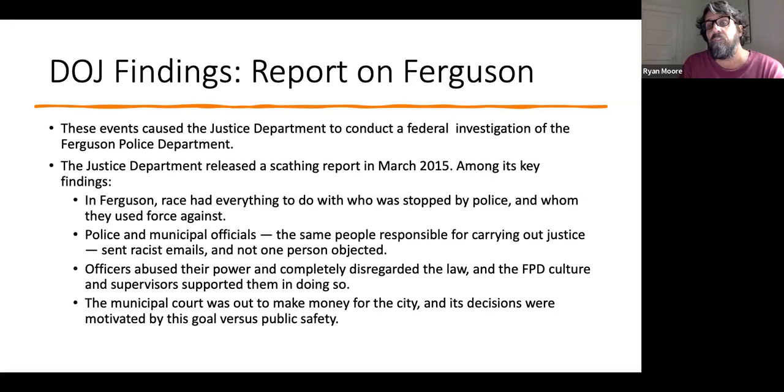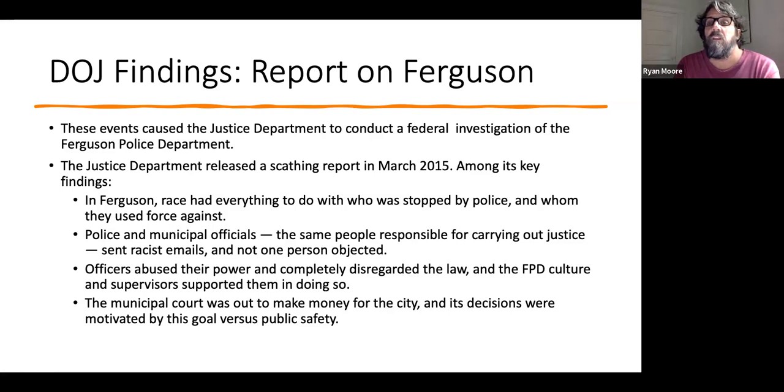And so the report exposes a lot of this in Ferguson, but the implication is that this is not just a Ferguson problem. This is a problem that is widespread in various municipalities across the United States.